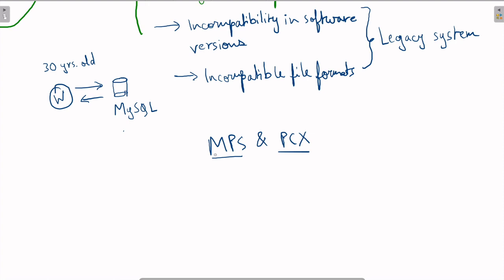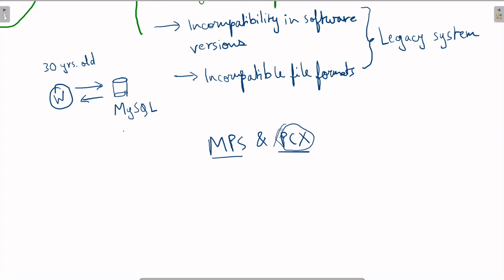So legacy systems may very well use such incompatible file formats. So let's say a 20-year-old software, an image editing software 20 years ago, it would probably use something like PCX, a file format that is not used in this day and age. Right now, we generally use JPEG, PNG, stuff like that.